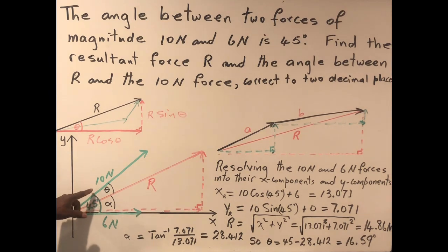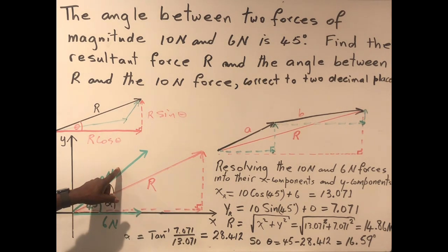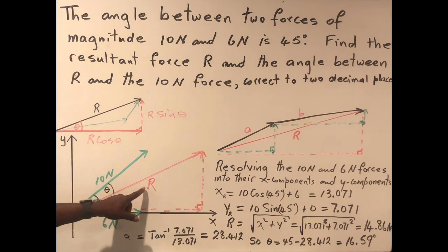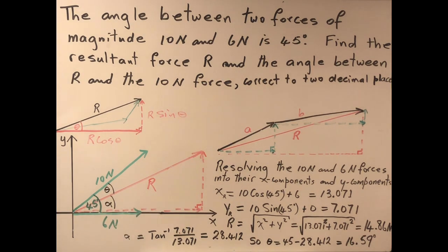And we see that we have here the 10 Newton force and the 6 Newton force. And the angle between them is 45 degrees. Again, we are interested in the angle theta, which is between the 10 Newton force and the resultant r.